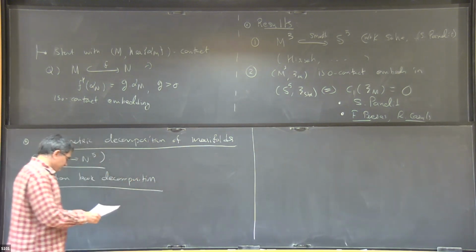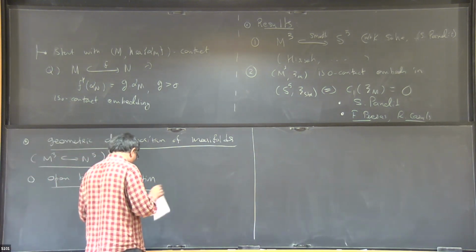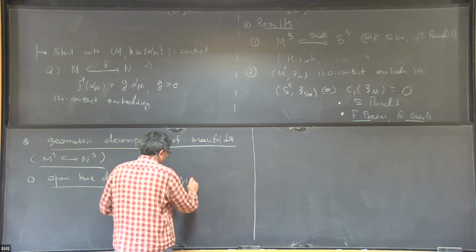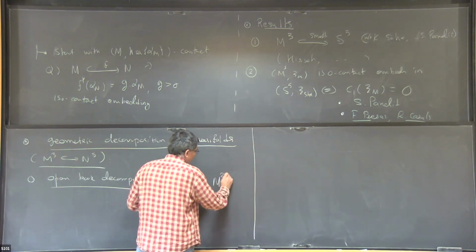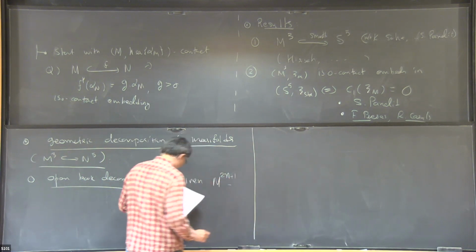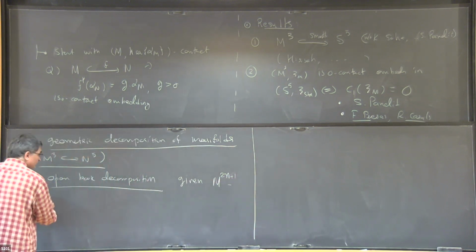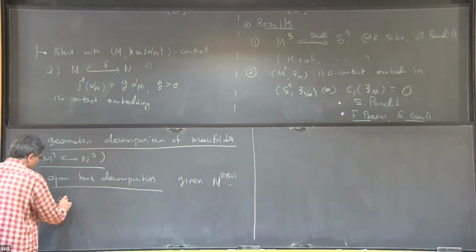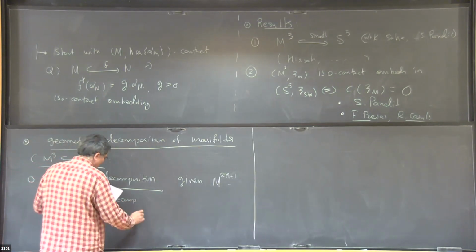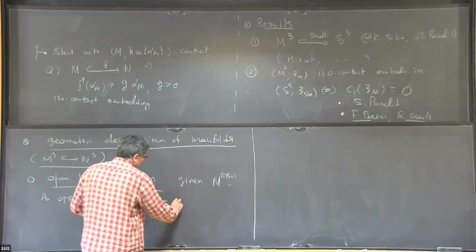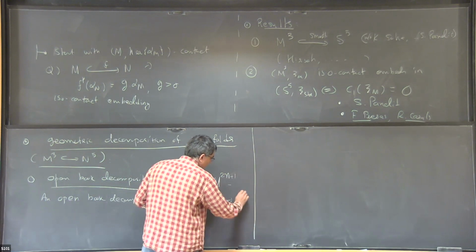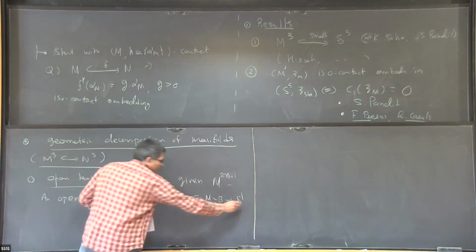And so given a three manifold M, an open book decomposition is a map, where B is a manifold.